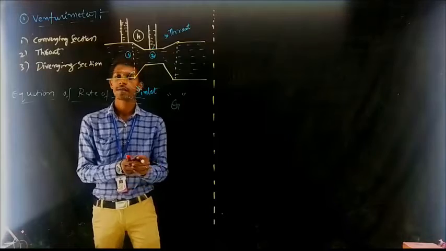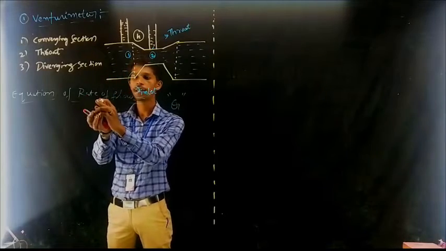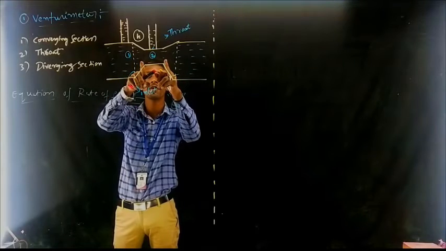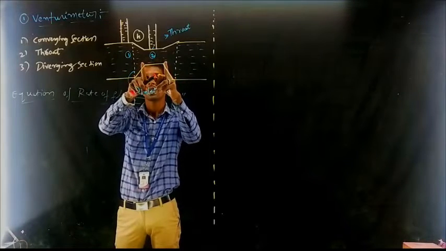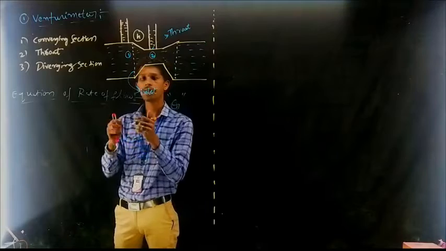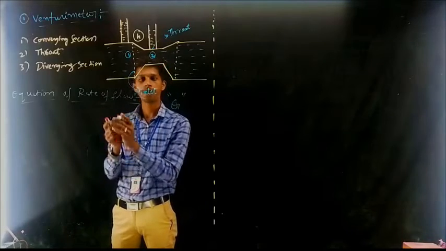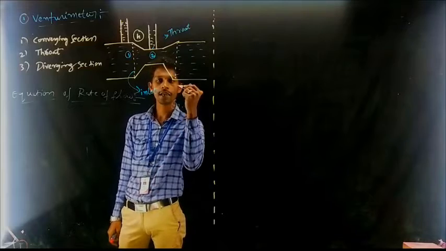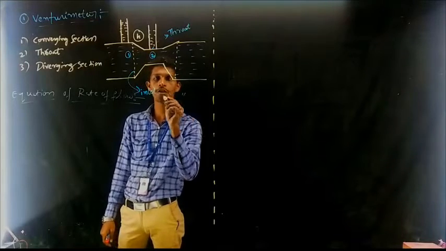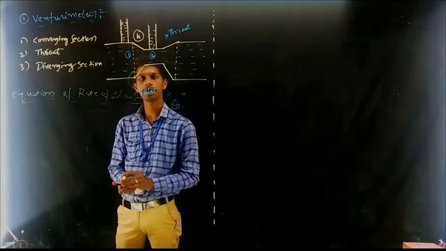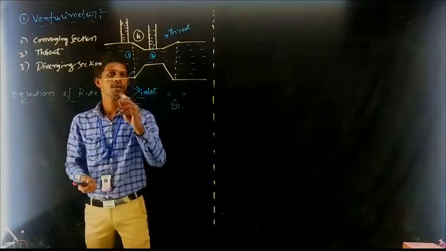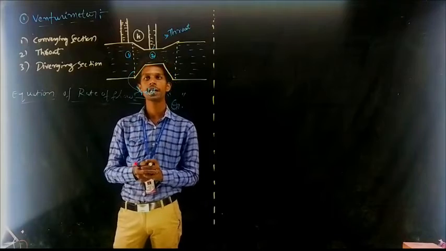For measuring the rate of flow or discharge through this particular pipe section, we have fitted a Venturi meter in the middle. By using this Venturi meter, we have to derive the equation for rate of flow. To measure the rate of flow, we have to find the formula for this Venturi meter.